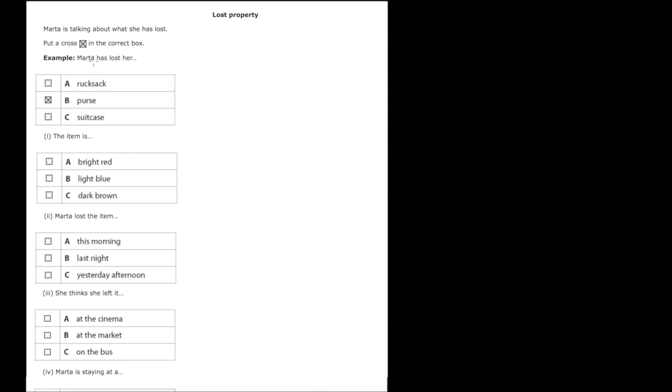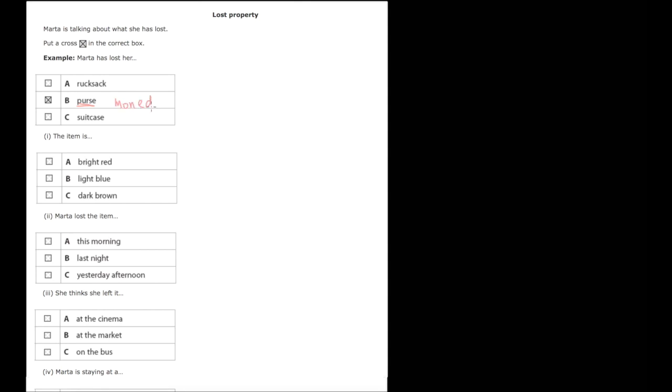Okay, pretty straightforward. Now, Marta has lost her rucksack, purse, or suitcase. We're going to hear that she's lost her purse. I might know what the word for purse is in Spanish, or I might wait. If I don't, then I might try and work it out from the listening. I should know, really. And remember, the word for purse is monedero.